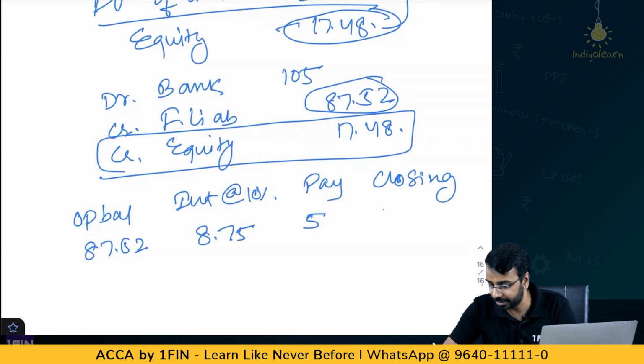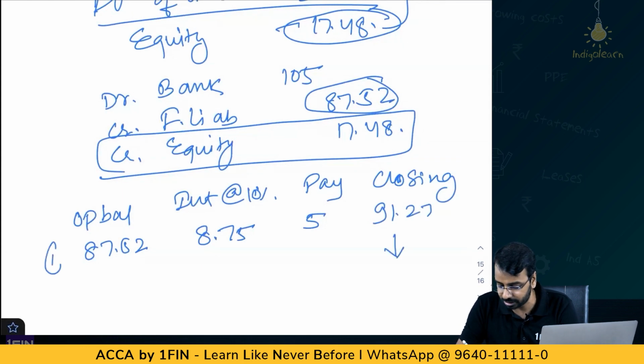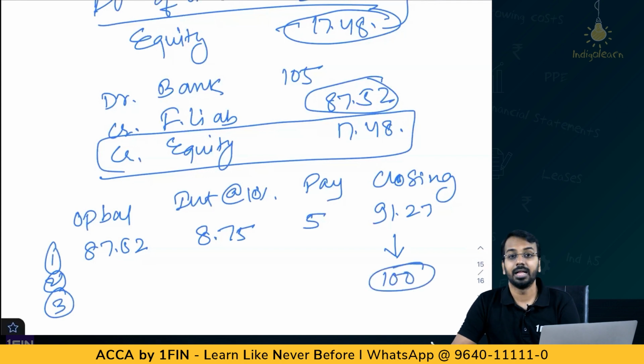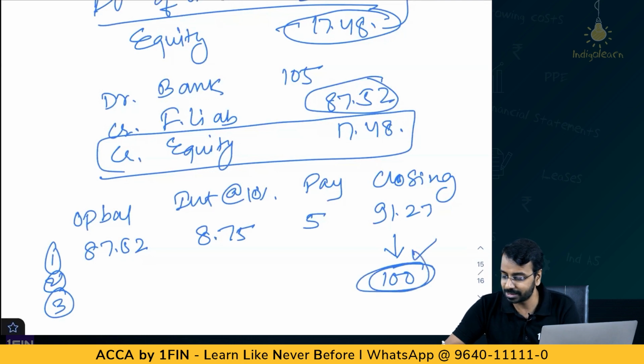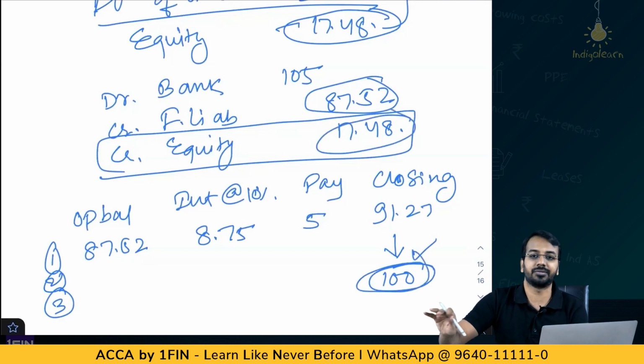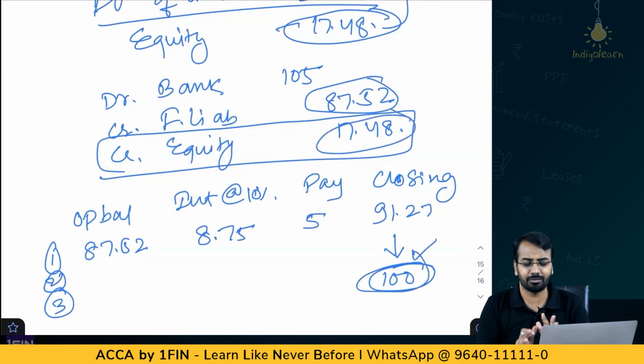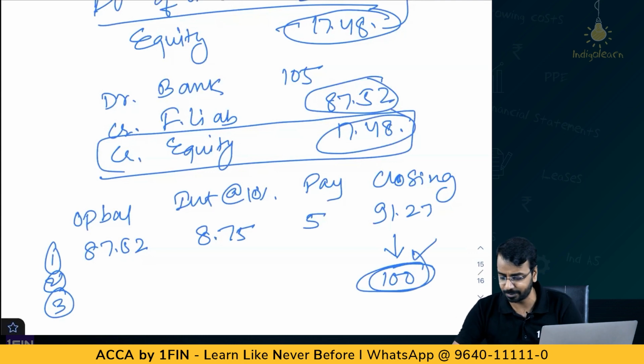Closing balance becomes 91.27. Like this, when you calculate, this is year 1, this is year 2, this is year 3. In year 3, this becomes 100. Now, if it is redeemed, if the investor says, I want my money back, you will pay 100. If the investor says, I don't want my money back, give me shares, this 100 plus 17.48 will be transferred to equity. Such advanced calculations are not needed, just for your understanding purpose.